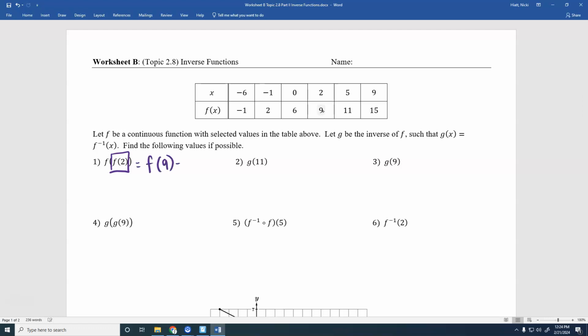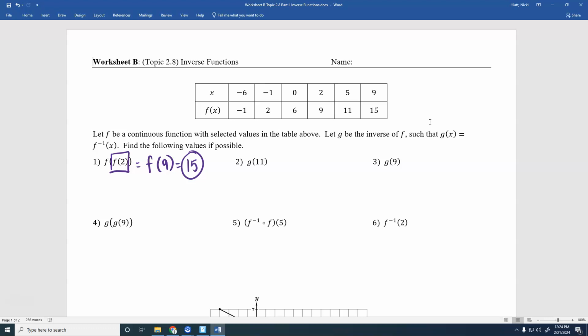So that means then I've got to find f of 9. And so, Kara, what would I get for f of 9? 15. Good. All right. That has nothing to do with inverses. That's just a review. What about number 2?